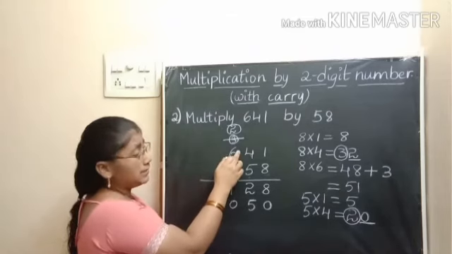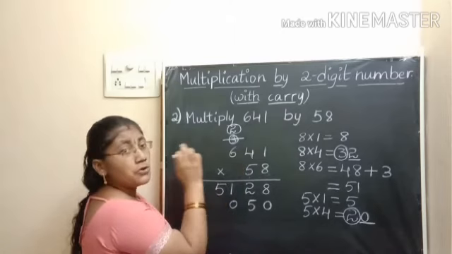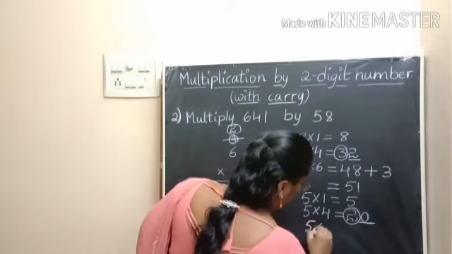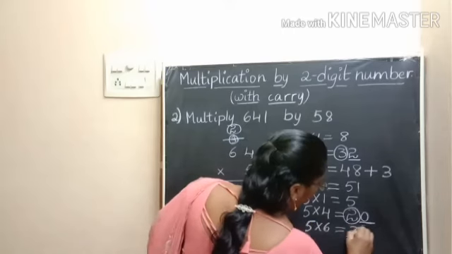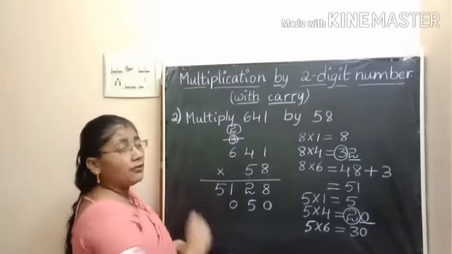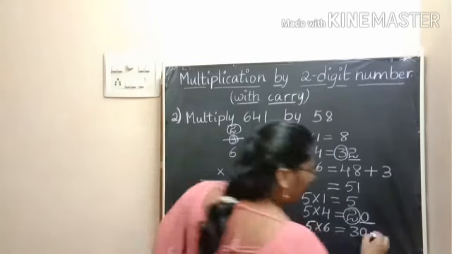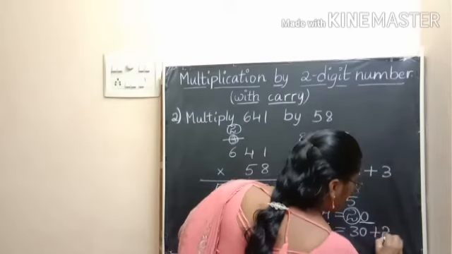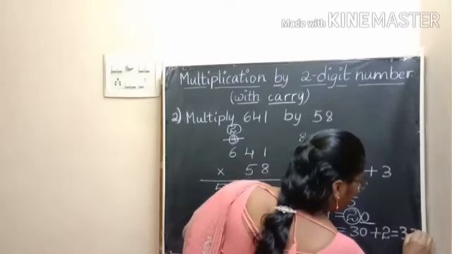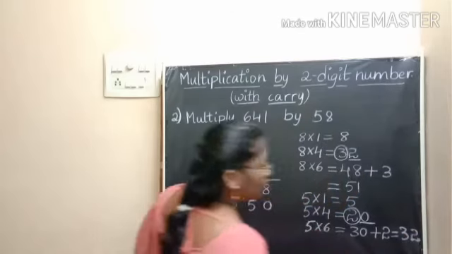Now we have to multiply the digit in the hundreds place, that is 6. Now you have to take 5 into 6. How much is it? 5 6s are 30. Already we have carry 2, we should add that. 30 plus 2 is equal to 32.